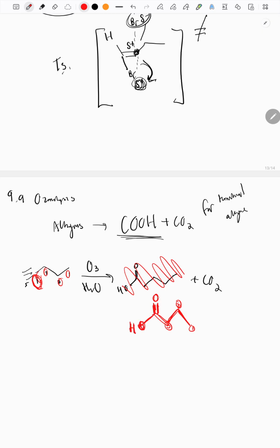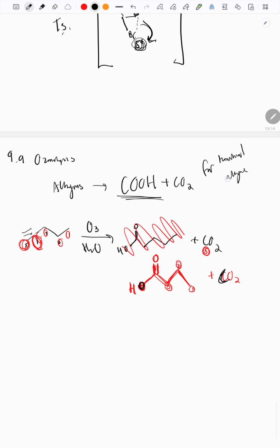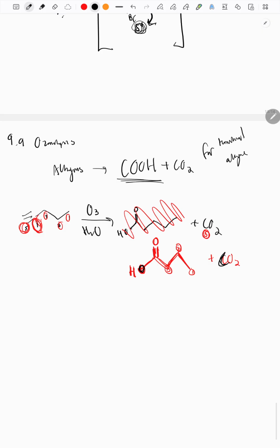That carboxylic acid. And then we get CO2. Makes sense now, because the carbon on the 5th portion of the alkyne would be this one. That's where the 5 belongs. That is why what should be in place of the carbon goes with these as CO2. Makes sense now.